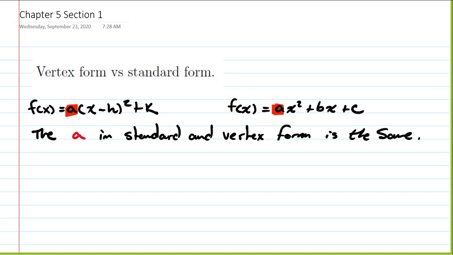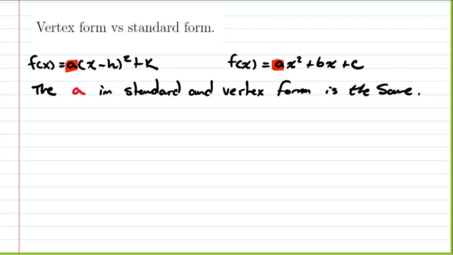Okay, so you might be wondering, well, why do we want vertex form? Well, if we look at vertex form specifically, this is exactly in the form of our parent function when we did function shifting.